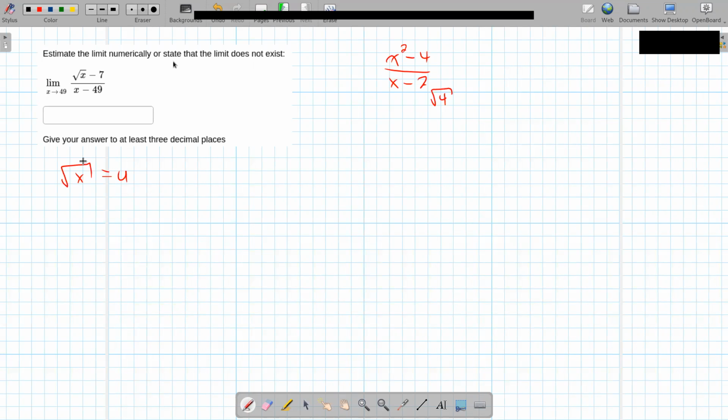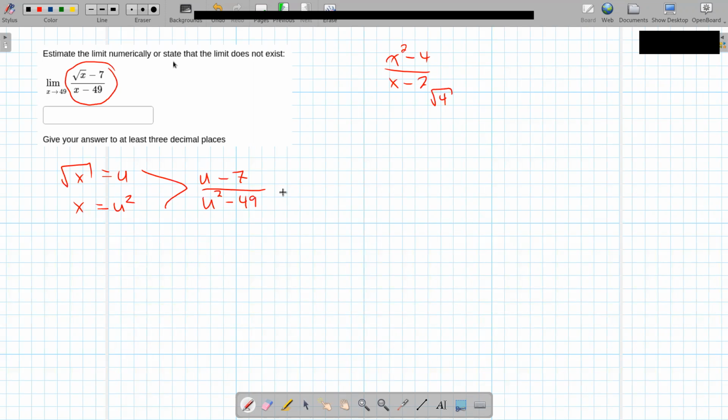Now, if I square both sides of this, then I get x equals u squared, and I can rewrite this with u's. So using those 2 substitutions, my numerator is going to be u minus 7, and my denominator is going to be u squared minus 49.